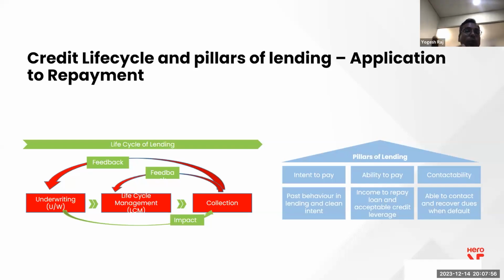To do that, you do multiple things: you try to understand the customer's income profile, the KYC details, the spend pattern of the customer, and past repayment behavior, meaning if you have already taken a loan from somewhere, are you repaying on time or not?